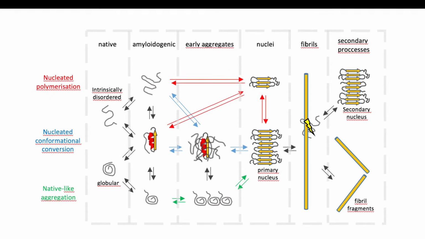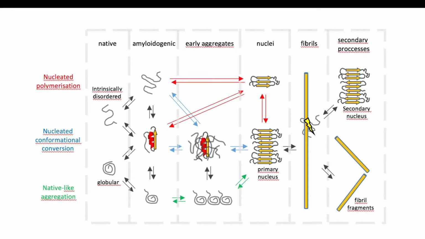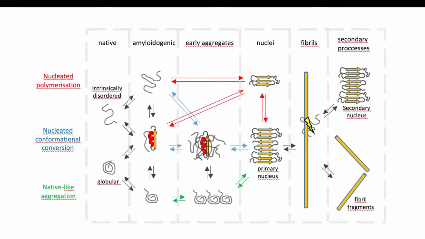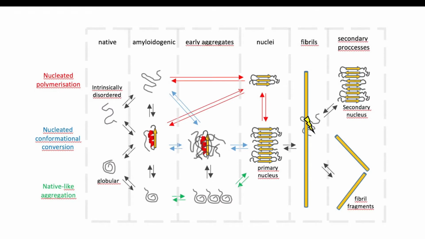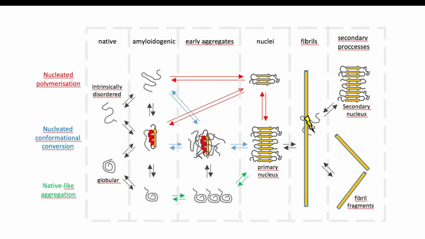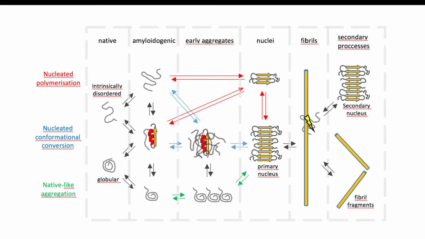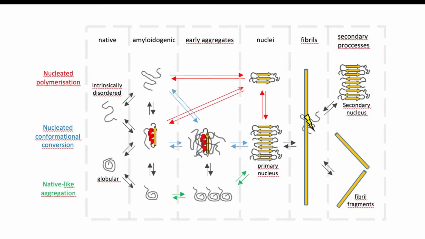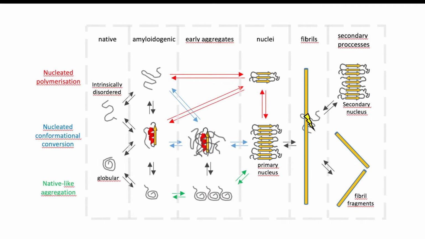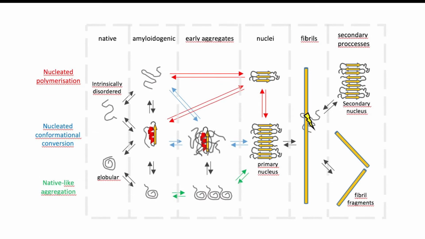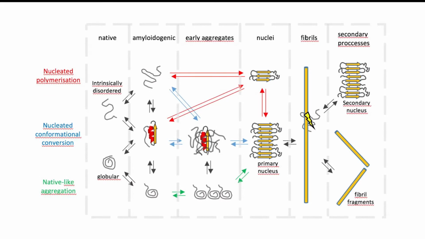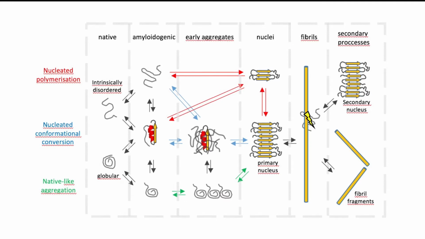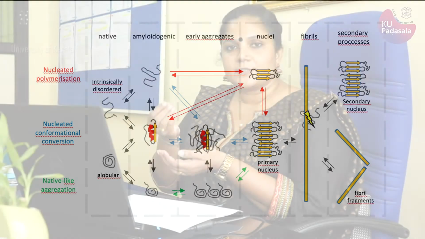In the nucleated conversion model, what is stated is that these partially unfolded or misfolded proteins rapidly come close together and form a disorganized amyloid oligomeric structure. And this oligomeric structure would reorganize itself and form small nucleation points, which would increase to form larger nucleation points, and then from there the amyloid fibril will develop.